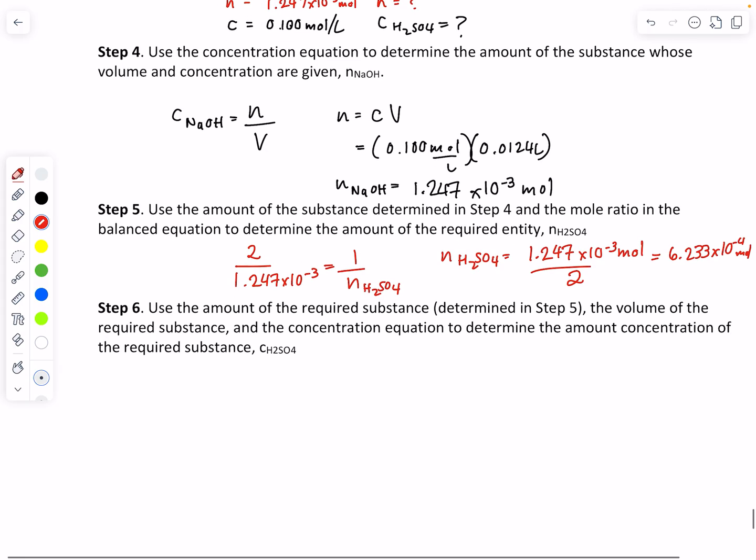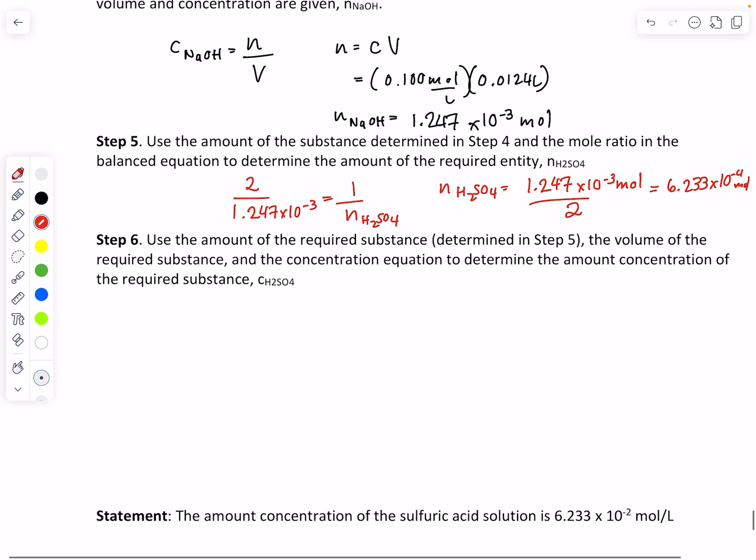We're going to use the amount of moles determined in step 5, the volume of substance required, and the concentration equation to determine the amount concentration of the required substance, H2SO4. So the concentration of H2SO4 is equal to the number of moles of H2SO4 divided by the volume of H2SO4.